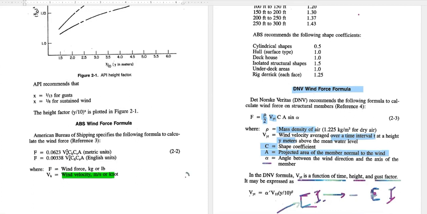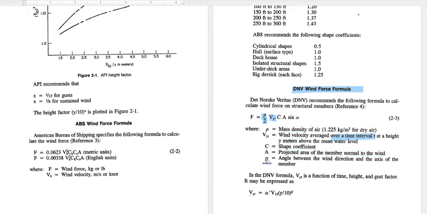So the gust factor is also important. We need to understand what the gust factor is. In DNV there is a gust factor as well. The velocity is a function of time and height, and the gust factor is also a function.